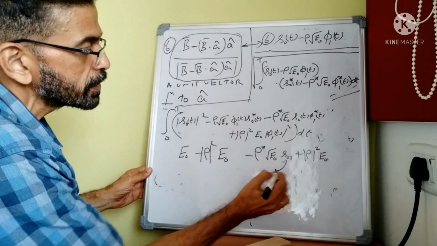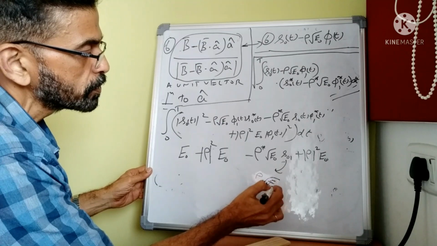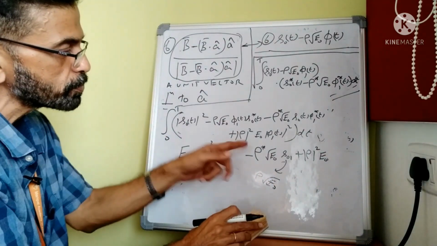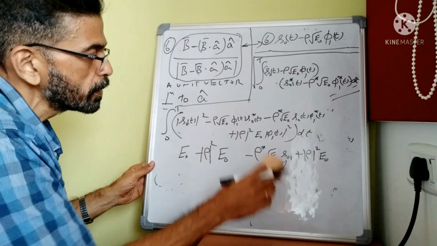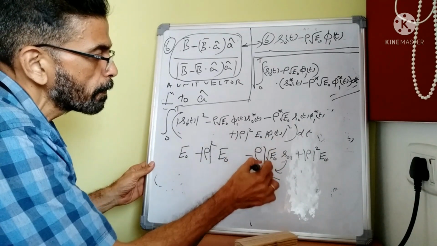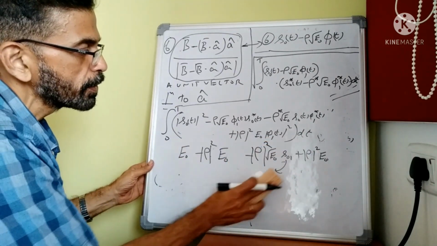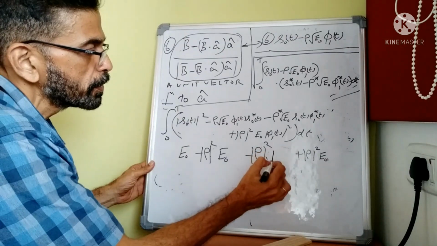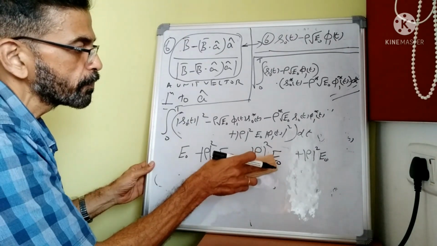Similarly, substitute s01 as rho root E naught, and you will get magnitude rho squared E naught.